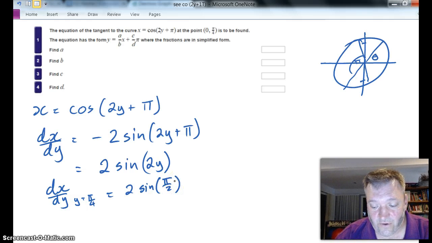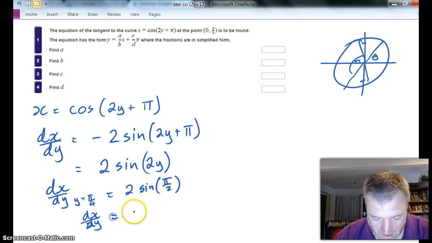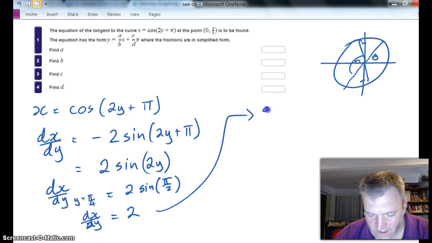Like we've got our best friend drawn over here already. Sine of pi over 2 up the top, the y coordinate's 1. So I've got dx/dy equals 2 times 1, which is 2. Obviously then, to find dy/dx, it's the reciprocal. The reciprocal of 2 is 1/2.